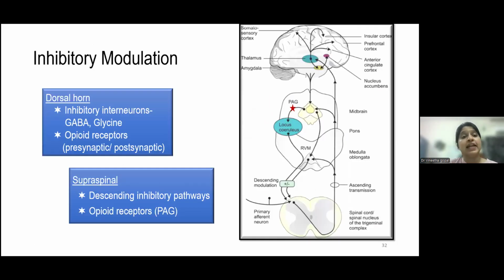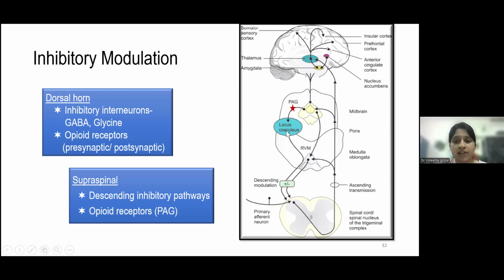And about inhibitory modulation. So there is this excitatory modulation, and there is something known as inhibitory modulation also. If you look here, the most important structures that contribute to the inhibitory modulation are the periaqueductal gray in the midbrain, the locus ceruleus in the pons, and the rostroventral medulla.